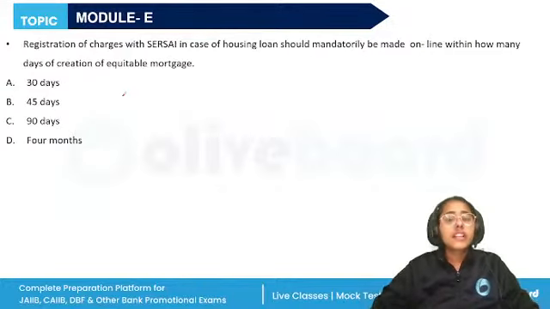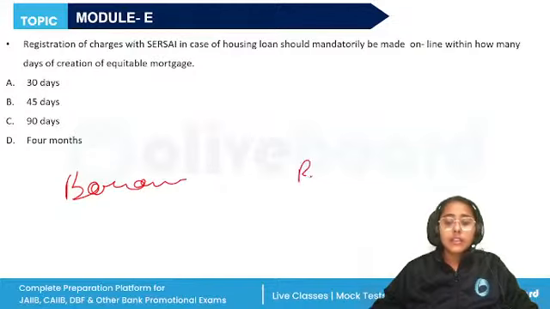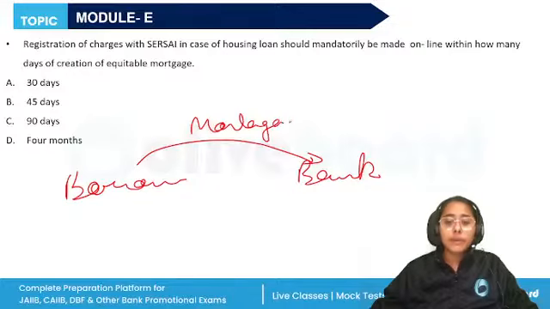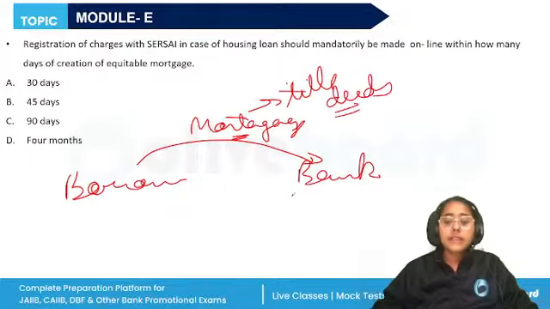Next question. Registration of charges with SARSAI in case of housing loan should mandatorily be made online within how many days of creation of equitable mortgage? So whenever a borrower comes to a bank to take a loan, they in turn give a security or a mortgage is created on the immovable property, equitable mortgage or mortgage by title deeds, right?